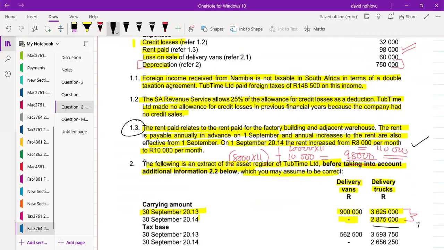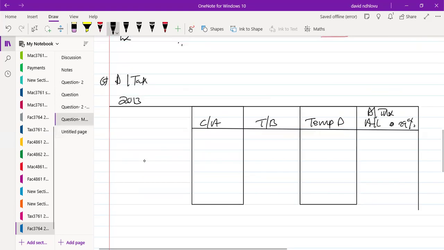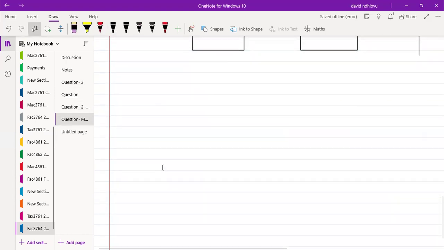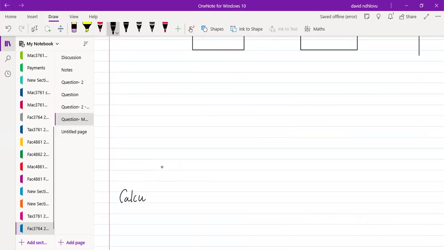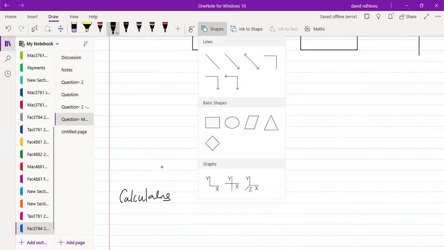What is happening with that situation is that when we pay rent, let's do some calculations here. Our year ends on 30 September of each year, but our rent we pay at once for the full year on 1 September.